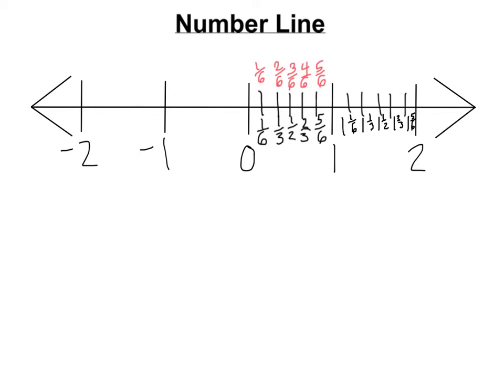And then if we come over here between 0 and -1, we have just the mirror image. So -1/6, -1/3, -1/2, -2/3, and -5/6. And just to finish it off, mirror image again.